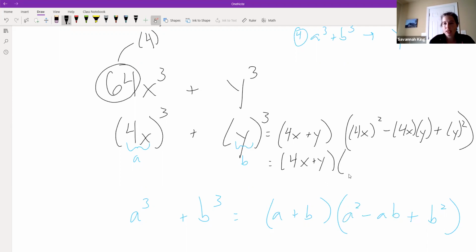So if we get lucky, applying the formula is all we have to do. This problem, not so lucky, because we have to apply the formula correctly, of course, and then we have to clean up. So the quantity 4x to the second power, that's going to give us a 16x squared. 4xy in the middle, thankfully there, the parentheses didn't really help us out at all, because 4xy is just 4xy.